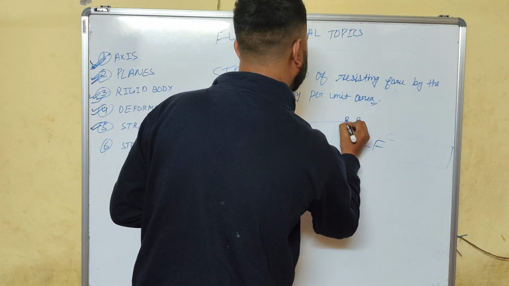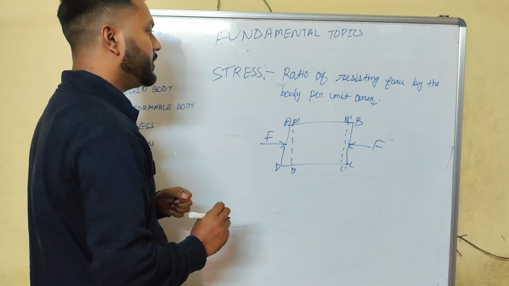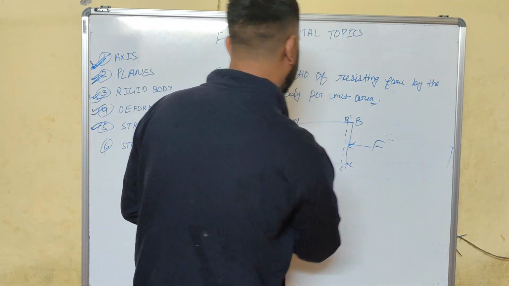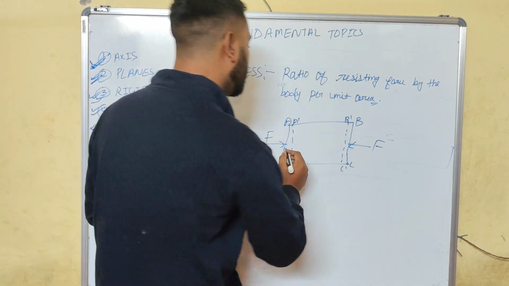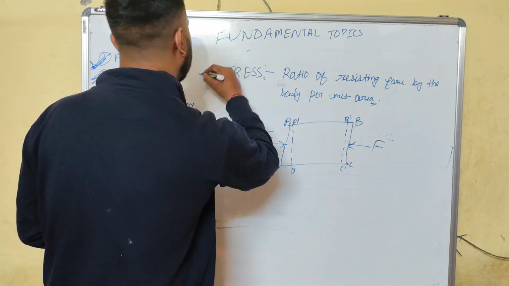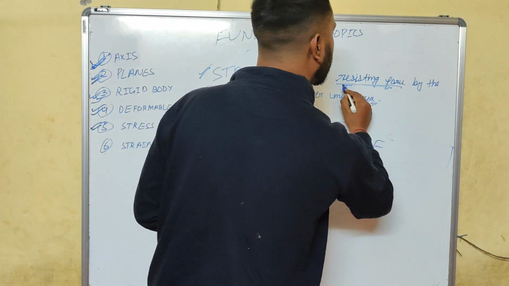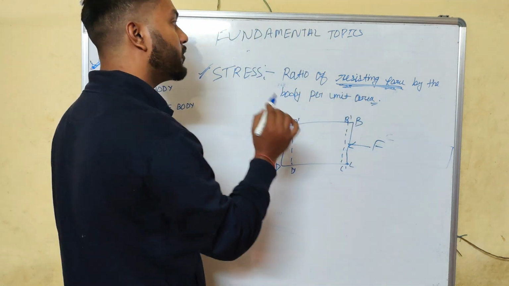Earlier I explained this in the deformable body. So the final dimension of the body will be A dash, B dash, C dash and D dash. Understood? What is the definition we have? The highlighted thing in this definition is the resisting force, my friends.